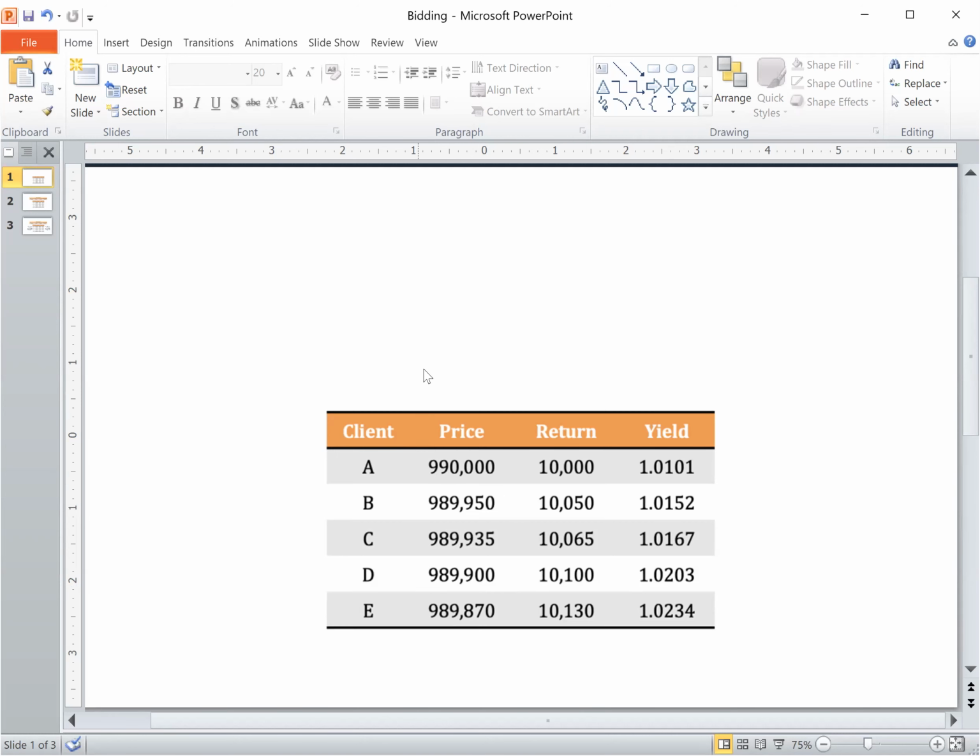Now let's suppose they want to sell 4 million worth of T-bills. Who would get the allocation? A, B, C, D. From A to D, right? Yeah, A to D is correct.